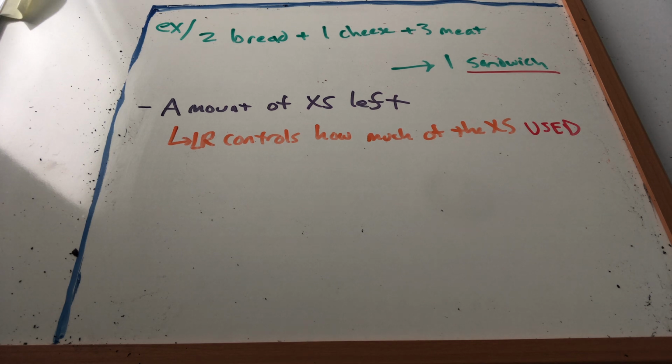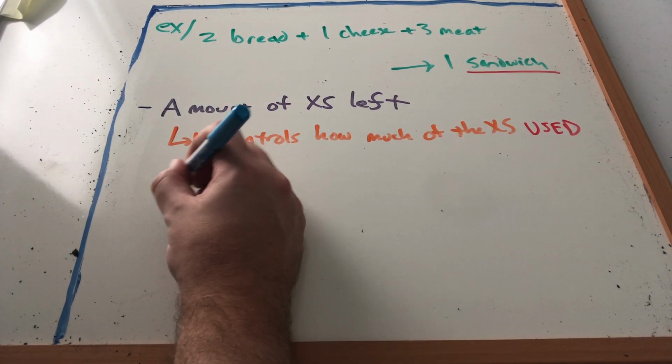So in the context of our sandwich example, this is going to make sense. Like if I ask you how much cheese is left after I make 1 sandwich. Well, I started with 2 pieces of cheese. I used 1, so there's 1 left. We can get to that mathematically in a simple way. And we're going to follow the same mathematical idea when we get to more complicated chemical problems. All right. The limiting reactant was meat.